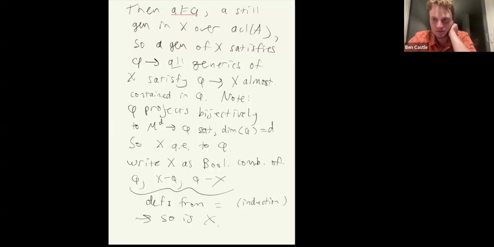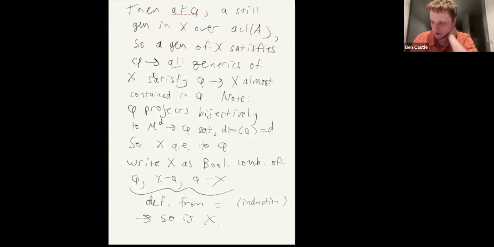Yeah, I believe so. Because what is phi? At the end of the day, phi is a formula that almost isolates the type of A1 through AD over the canonical base. So yes, I think that's true. Maybe there's a way to do the proof shorter that way.